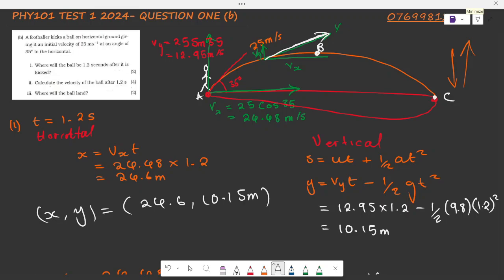And we know that in an ideal situation it is symmetrical.